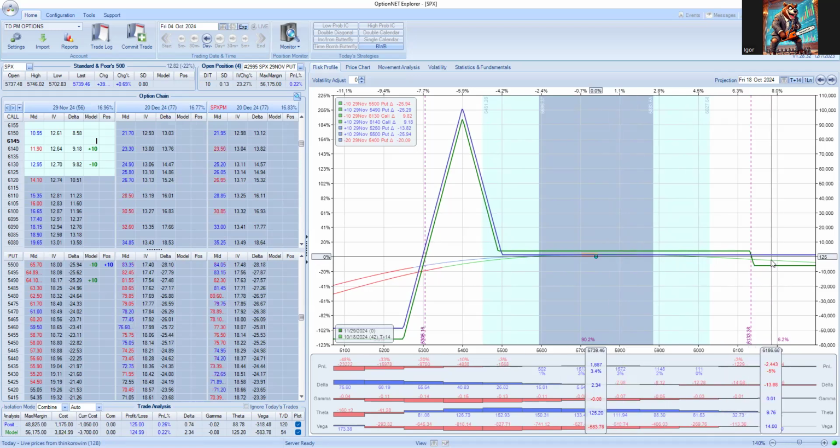Because any adjustment to improve our position is going to be a debit transaction. We only have so much capital or so much credit that we're collecting to spend on any adjustments. And the longer we wait, the more expensive these adjustments will become, which will take away from our potential reward in this area between 5,500 and 6,130.